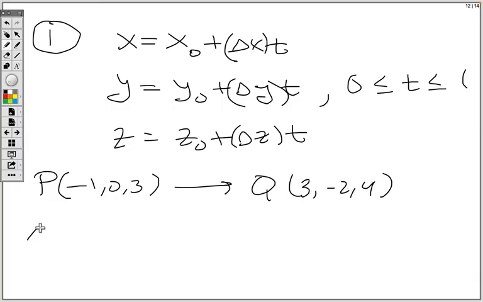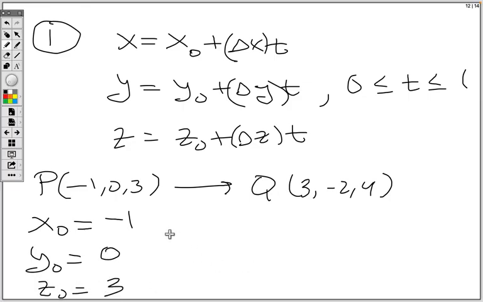So let's calculate all the deltas here. I guess we should do the x naught, y naught, z naught first. We're starting at the point P, so those three numbers are our x naught, y naught, and z naught.